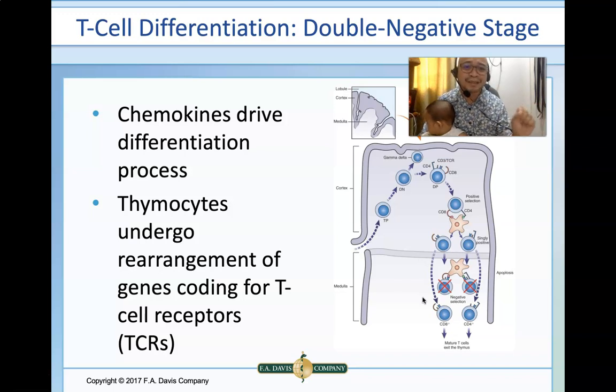Now, if the cells become single positive, they either become CD4 or CD8. So these are already mature, and CD4 and CD8 play a very important role in our immune response. CD4 eventually becomes T helper cells. T helper cells, as the term implies, help for both cell-mediated immunity and humoral immunity. Do you know that if you have HIV infection, the virus will have the target site or receptor site for CD4?